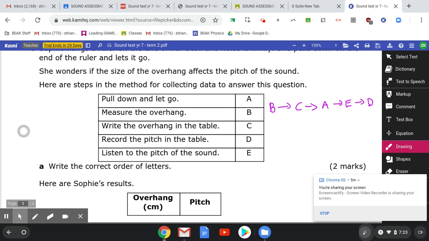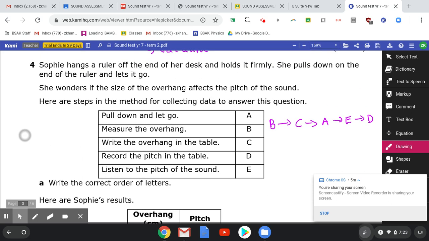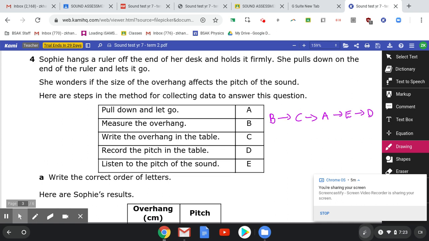Okay, now the next part is worth 2 marks, and it's a little difficult to mark this if you've got it wrong, but let's start. The first thing that we are going to do is measure the overhang. So those of you who can't picture what's going on, imagine you've got the edge of the table there, and you've got your ruler placed on the edge of the table, and it's fastened down, generally with a G-clamp, okay?